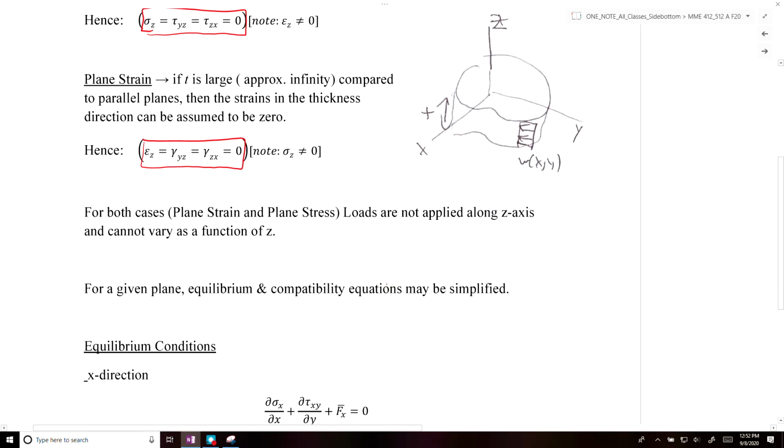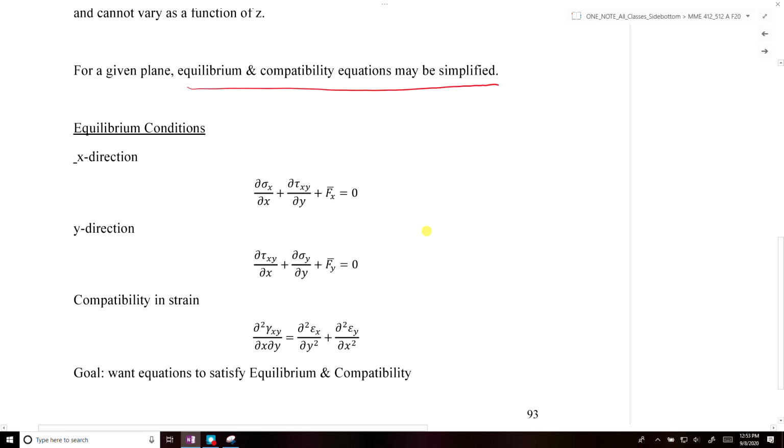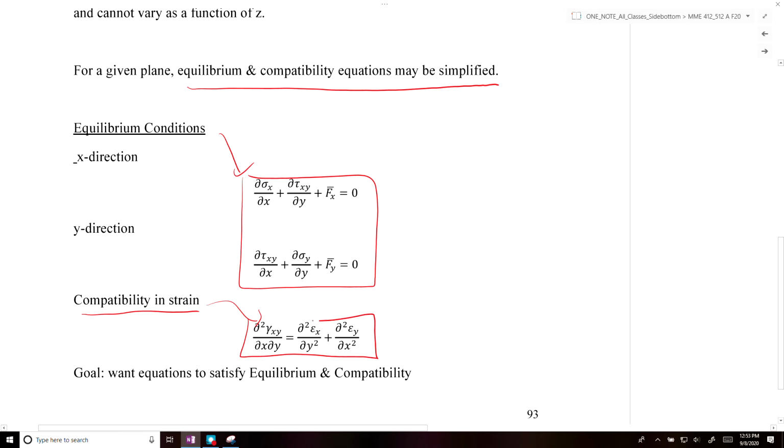And then for these two cases, we can simplify our equilibrium and compatibility equations down to a single equation. So we're going to combine our equilibrium equations and our compatibility equations. We were given our two equilibrium conditions, and we were given our compatibility condition for a plane, which we could define using this one term here.